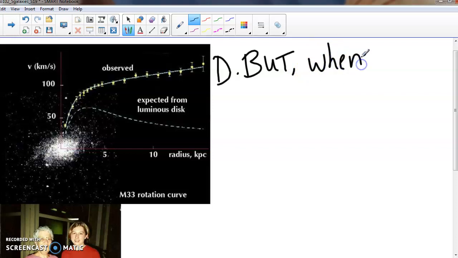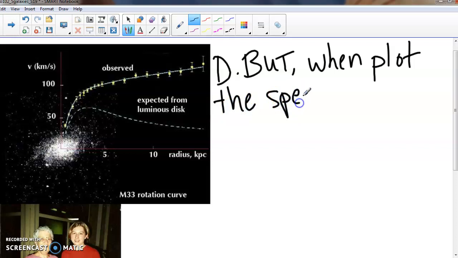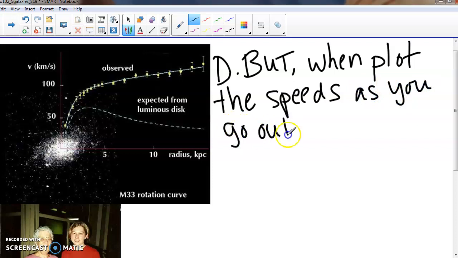When we go out and look at a galaxy and plot the speeds of those stars in an actual spiral galaxy as you go out, another way to say that is speeds versus radius.